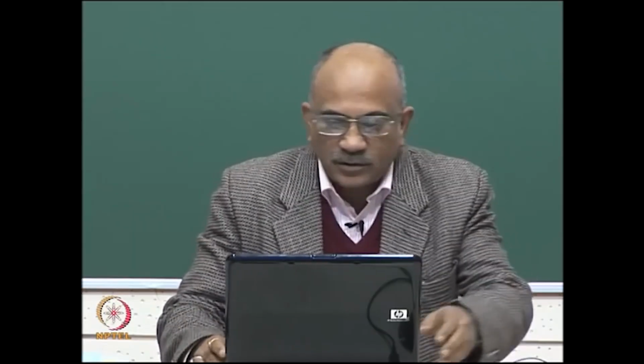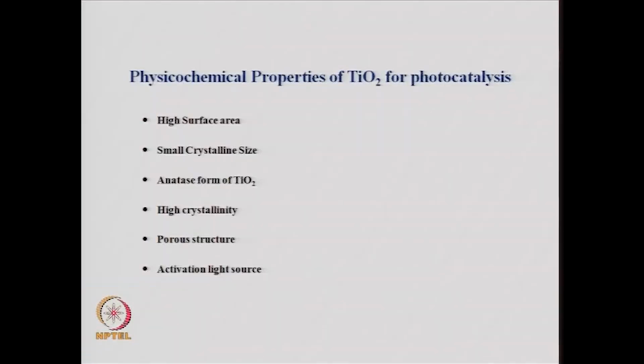Now, photocatalysis, as we see, you can have high surface area, small crystalline size. Especially we are discussing titanium dioxide, and in this case the anatase form of titanium dioxide is very important. There are 3 forms of titanium dioxide.